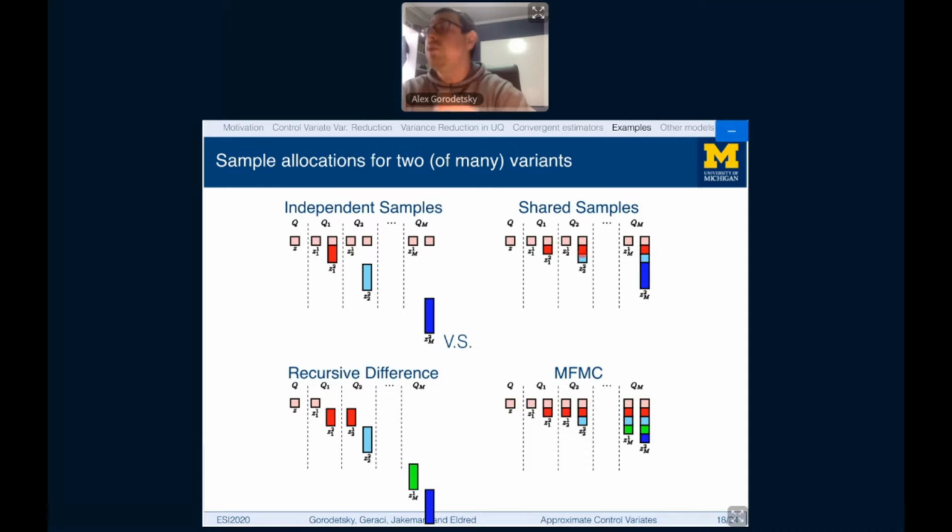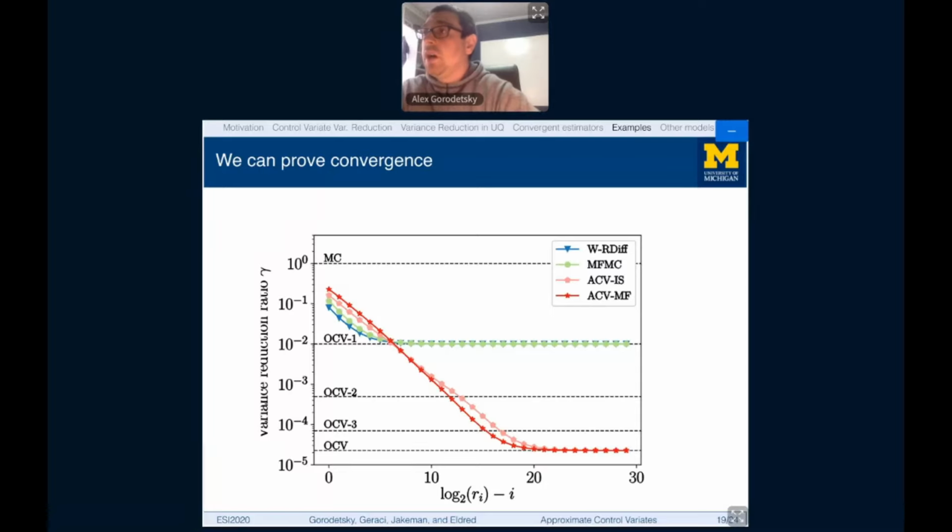As you get more and more samples for the low fidelity information sources, the shared samples in the upper right will converge to the optimal control variate scheme because it maintains correlation amongst the estimators. So this just shows that as we increase the effort expended on the low fidelity models, we can converge to the optimal variance reduction. And we can prove that this is the case.